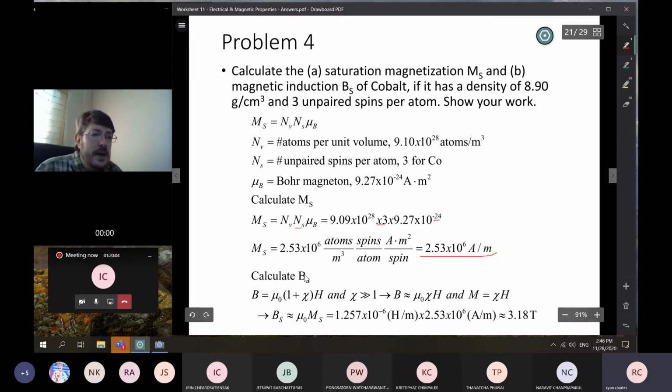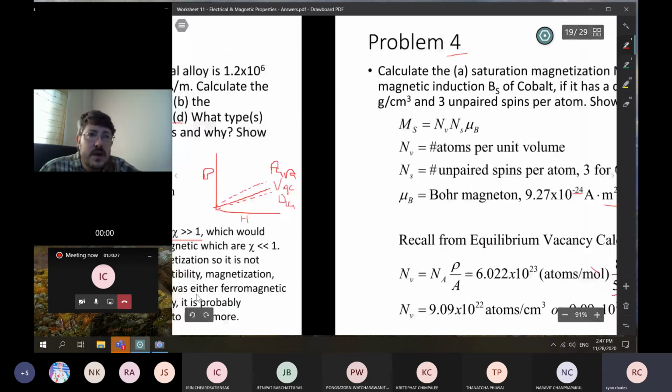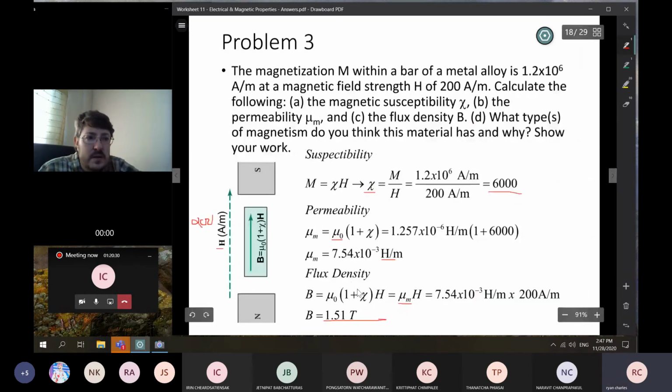All right. Calculate B sub S, magnetic induction. B is mu naught times 1 plus susceptibility times H. When the susceptibility is much greater than 1, we can just ignore the 1. Go back here. We had 6,000 plus 1. Does multiplying something by 6,000 or 6,001 make much of a difference?